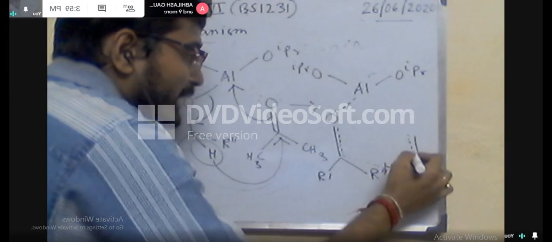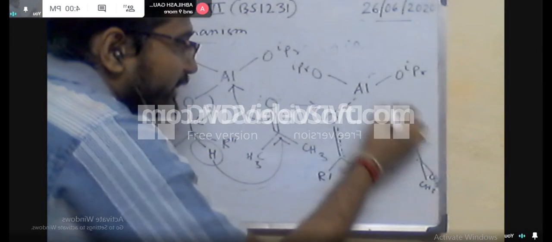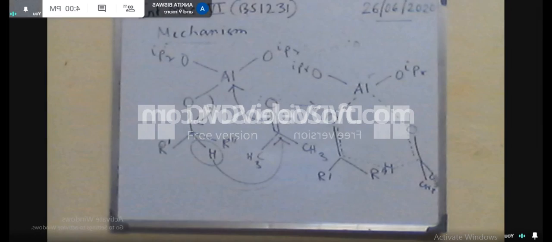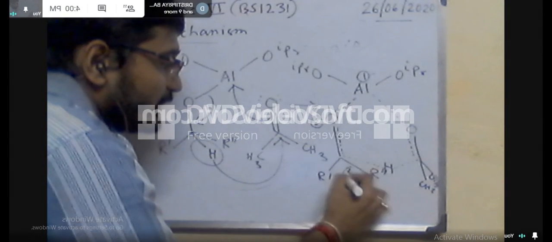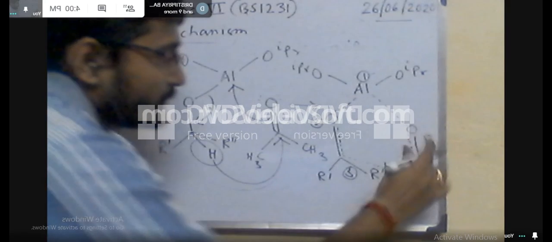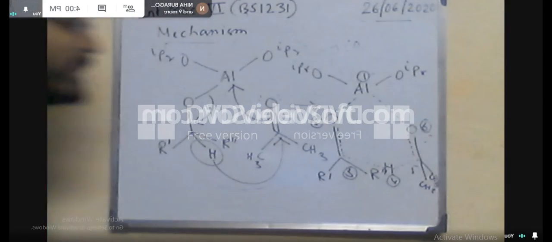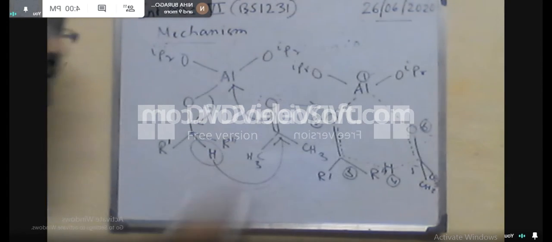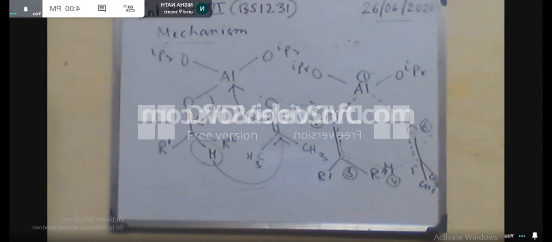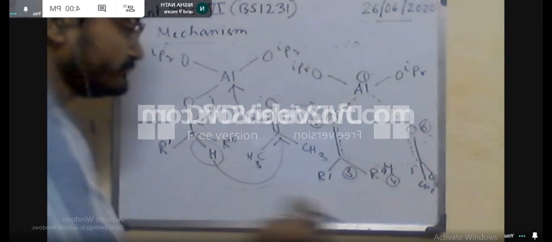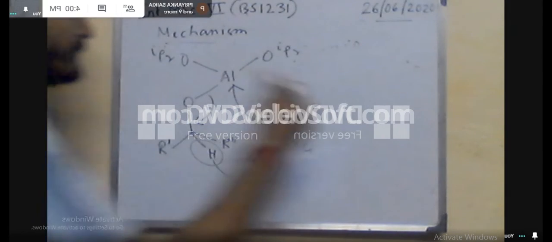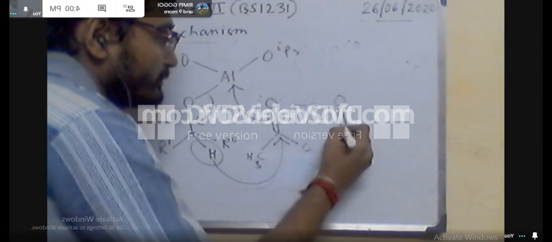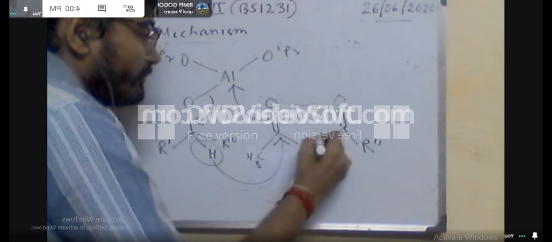Okay, the reverse pathway is named the MPV reduction. The forward pathway, that means the 2-degree alcohol is oxidized in presence of aluminium isopropoxide in acetone with heat, from here you are getting the ketone.